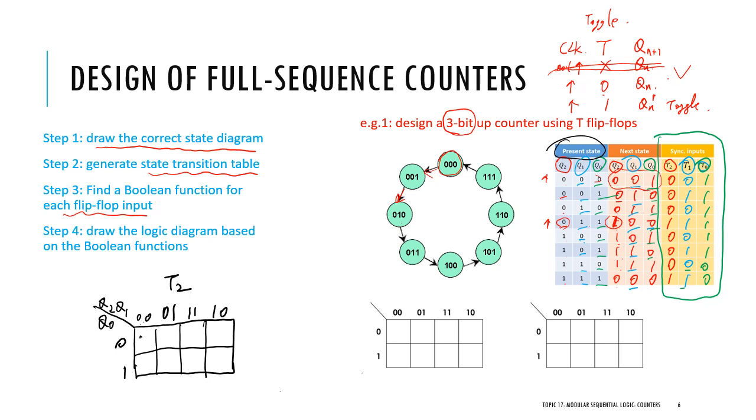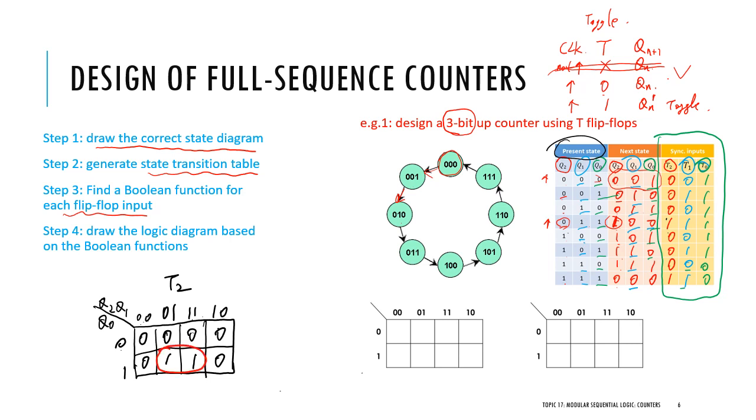So we need to put 0, 0, 0, 1. We should put 0. 0, 1, 0, still 0 here. 0, 1, 1. We should put 1. And 1, 0, 0, 0, 1, 0, 1, 0. 1, 1, 0, 0, 1, 1, 1, 1. Now it's pretty simple.